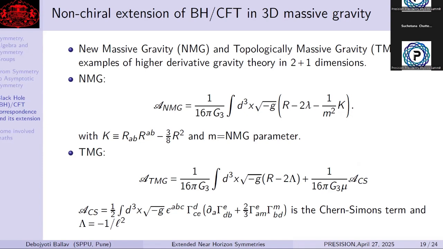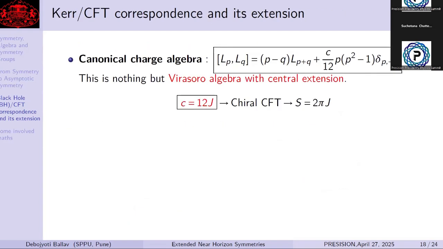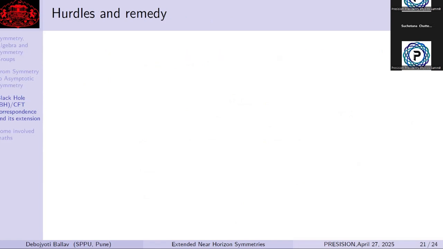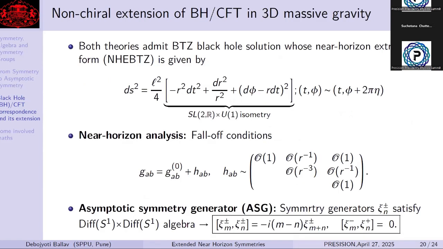Maybe the scaling is coming from the central charge, which is 3L by 2G in natural units, but in general units it is 3L by 2 times the Planck length. So there is the AdS radius and the Planck length, and maybe there is a scaling between the Planck length and the AdS radius. That may be a possible reason.